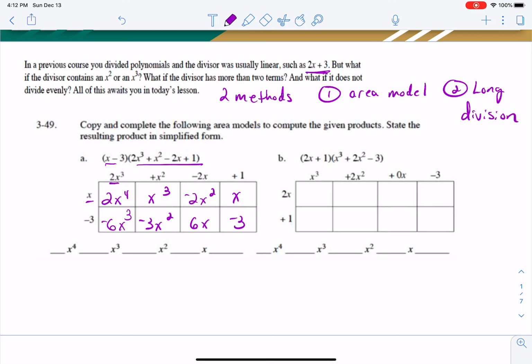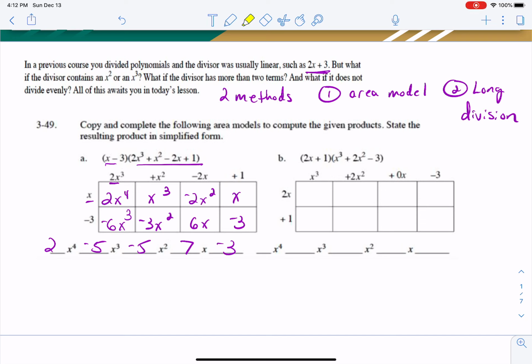And then we add up all of the like terms inside of the area model. So we're left with 2x to the fourth, negative 5x cubed, negative 5x squared, 7x minus 3.